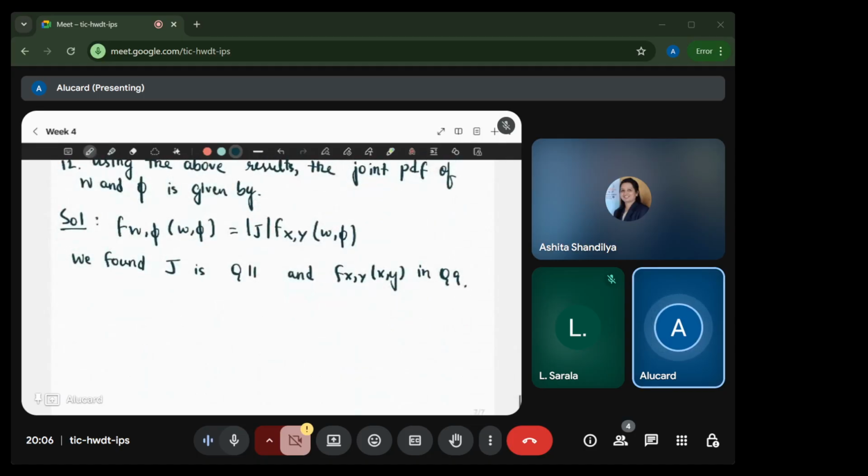So what I mean by fxy of w comma phi is, say fxy of xy was some constant k times e power some other constant c into x square plus y square.